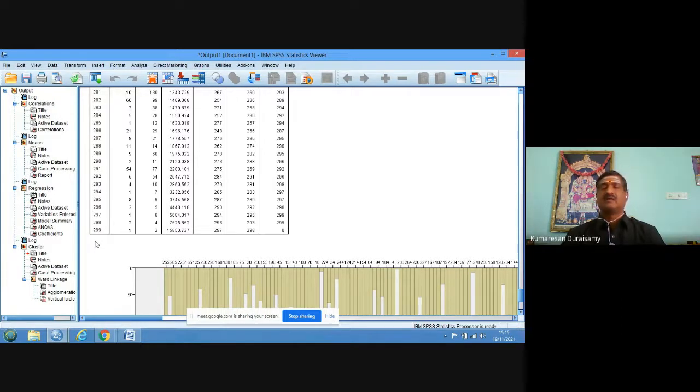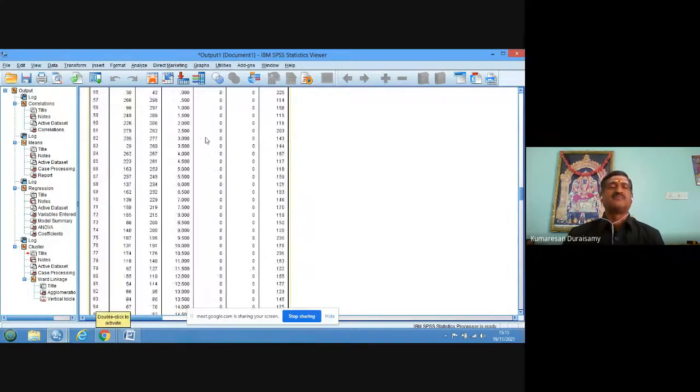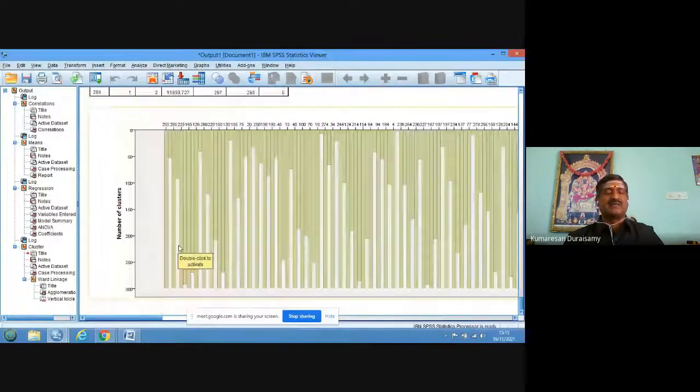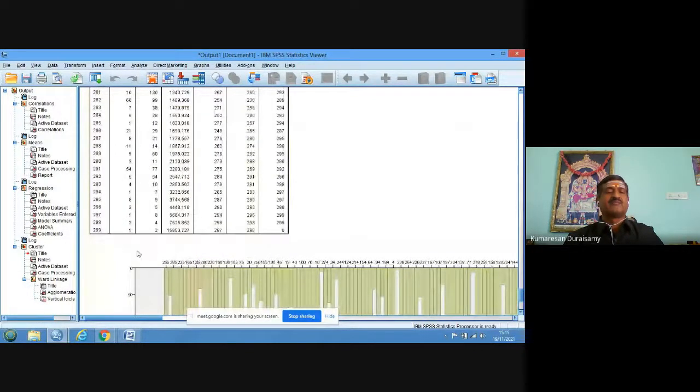Now look at the coefficient. That is the fourth column. Start from the bottom. For the 299th stage, that is the last stage, the coefficient is 15,850.727. The previous stage, 298th stage, it is 7,525.852.